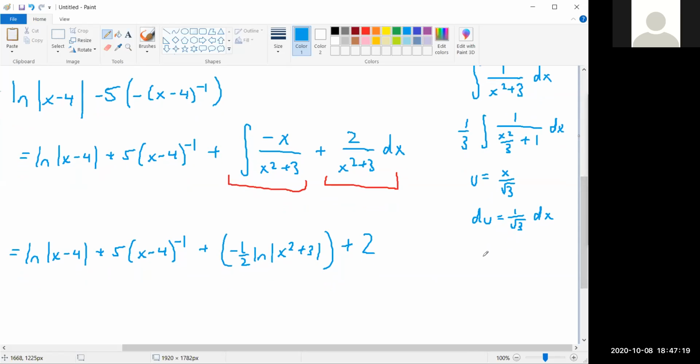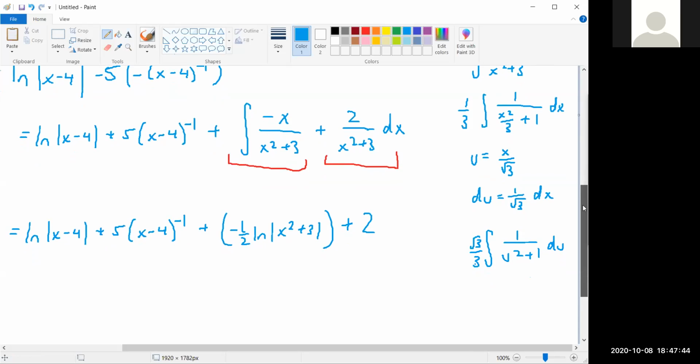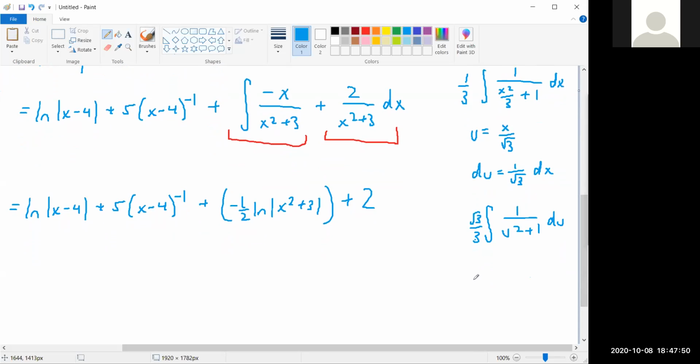So if you were to do this substitution, you would get 1 over u squared plus 1 du. But then I have to move this constant to the other side. So that's square root of 3 over 3. All right, so now it's in the form of arctan. I think you guys might have a formula for this type of situation that you can use. You can use that if you like, but this turns out to be square root of 3 over 3 arctan of u.